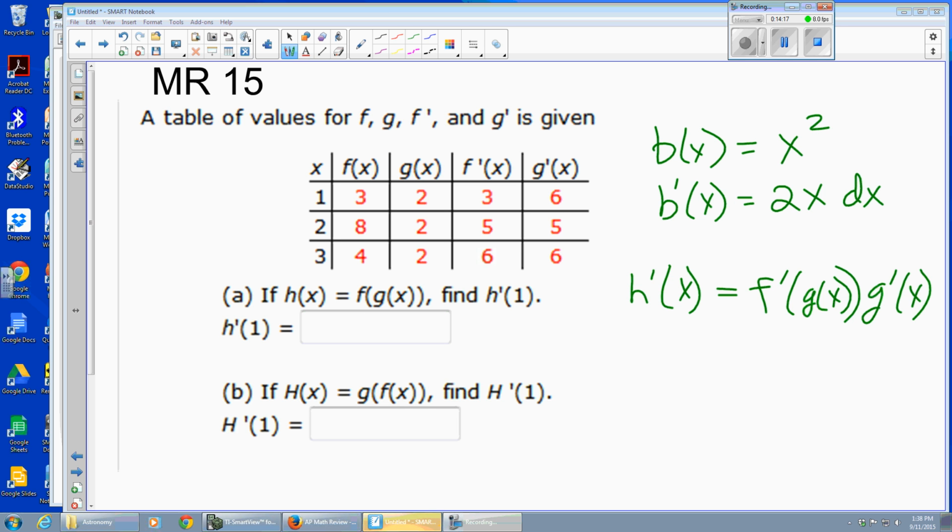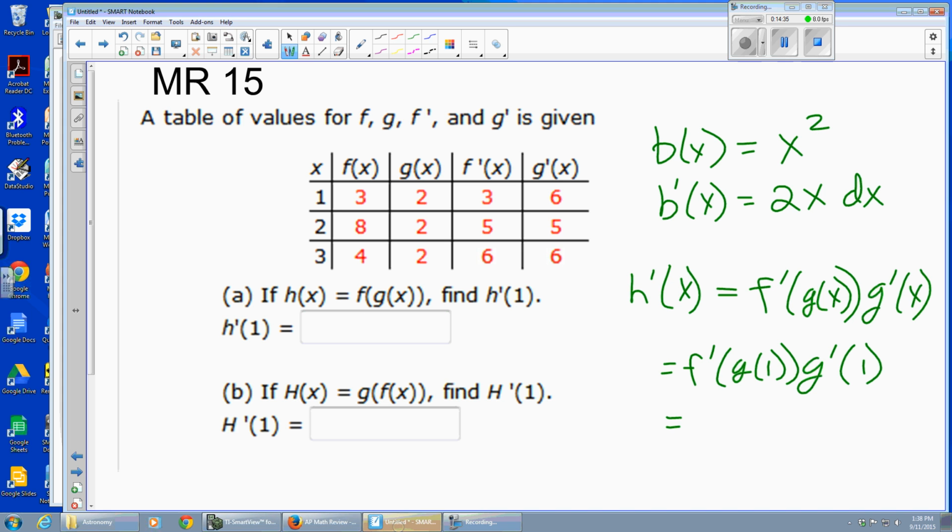So we should have f prime, we're having 1 here. Right, so we have f prime of g of 1 times g prime of 1.